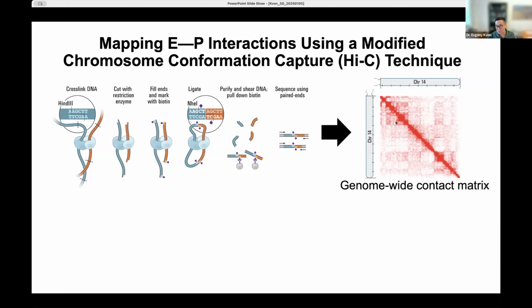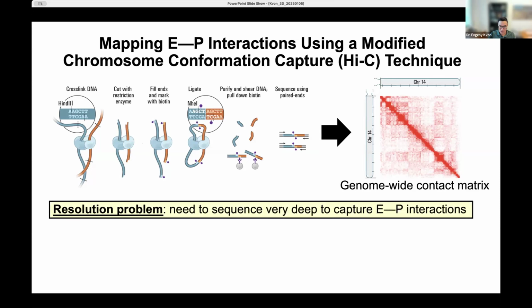This results in the genome-wide contact matrix that you see in the papers. It's great to assess genome-wide 3D chromosome conformation, but for mapping enhancer-promoter interactions, you typically need to sequence really deep. And there is a resolution problem if you want to study enhancer-promoter interactions, and enhancers, as I told you, are very short, right?